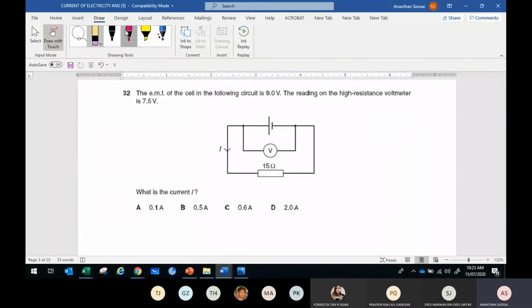Okay. The EMF is 9 volt. The reading on the voltmeter across the resistance is 7.5 volt. The resistance is 15 ohm. What is the current I?